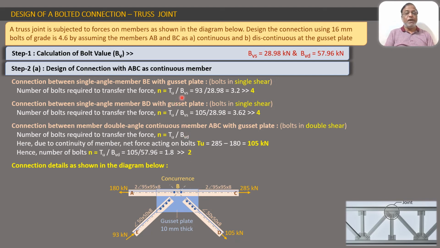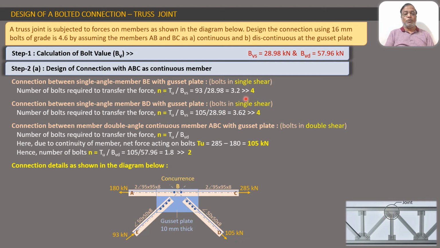So we have to take BVS, which is 28.98 kilonewton as calculated in the step 1. So you can see here that this is 93 kilonewton upon 28.98. So this amounts to 3.2 bolts, and 3.2 bolts means we have to round it off to 4.